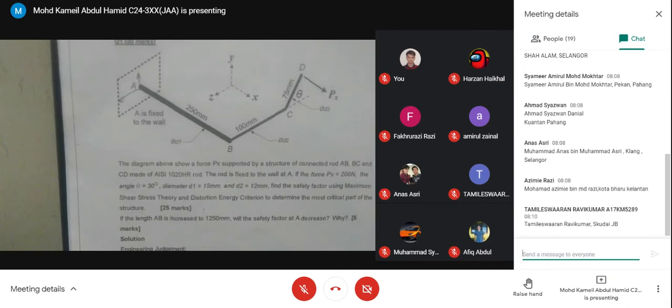In this problem, material is AISI 1020 HR rod. The rod is fixed to the wall. The force PX is 200 Newton. Angle theta is 30 degrees. Diameter D1 is 15 mm, D2 is 12 mm. Find the safety factor using maximum shear stress theory and distortion energy theory to determine the most critical part of the structure.